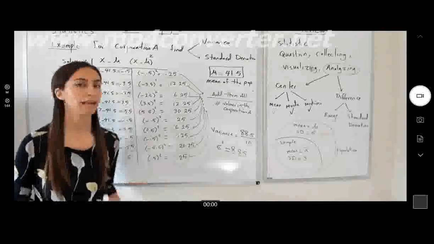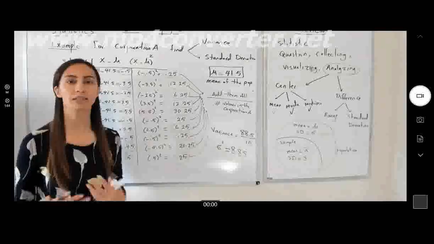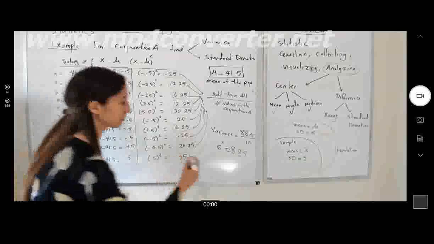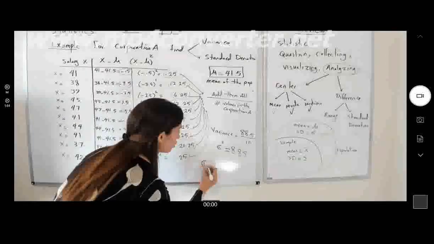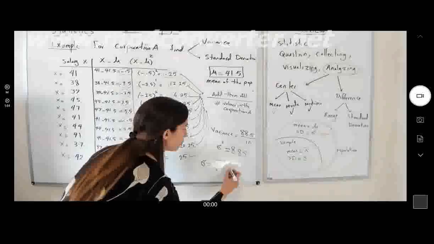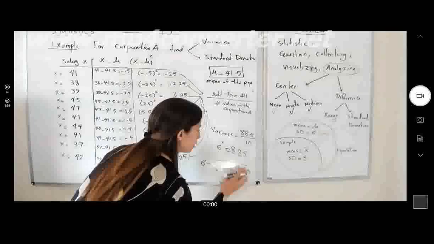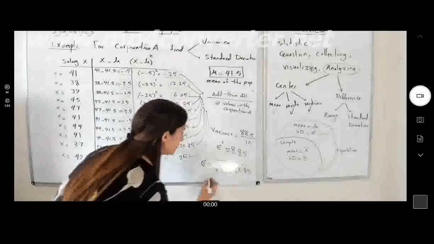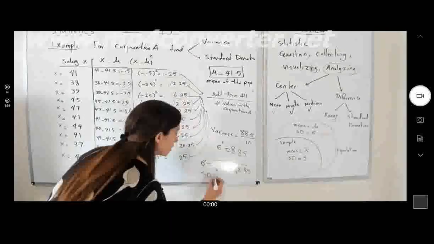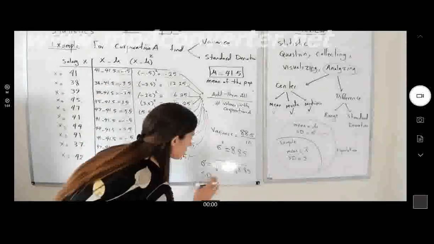It doesn't give me anything meaningful. So I'm going to find the standard deviation, which is the square root of your variance, which is the square root of 8.85. So my standard deviation is equal to almost 3.